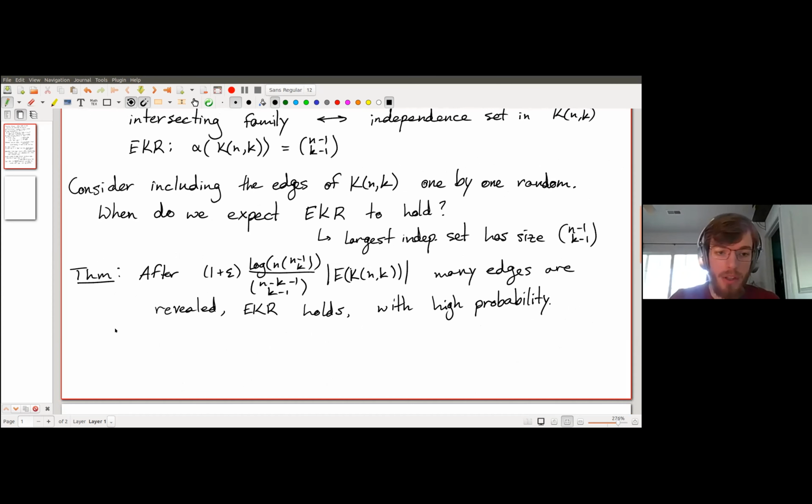Which is that, as you're introducing these edges, the first time the stars are maximal independent sets, meaning that you can't add another vertex of the Kneser graph, or another k-set, to a star to get an intersecting family, is the first time the max size independent set is what you want it to be.